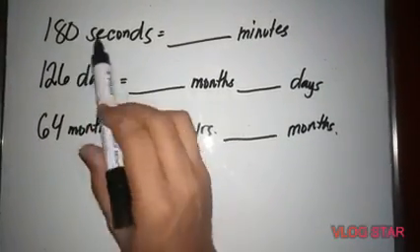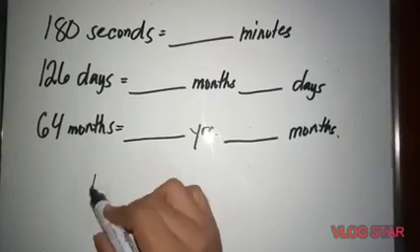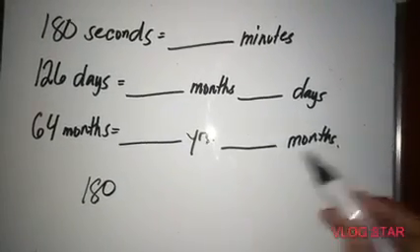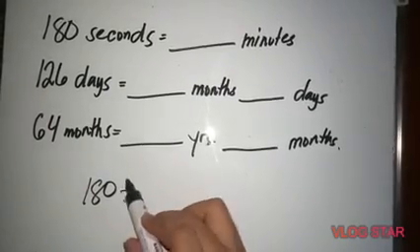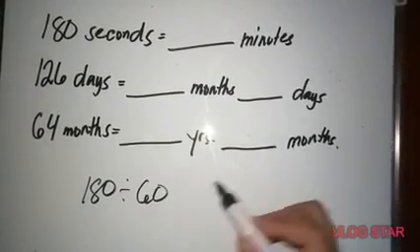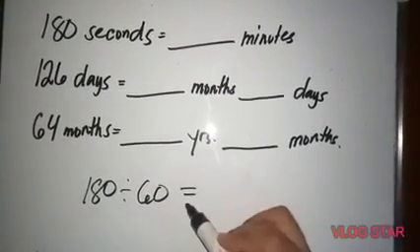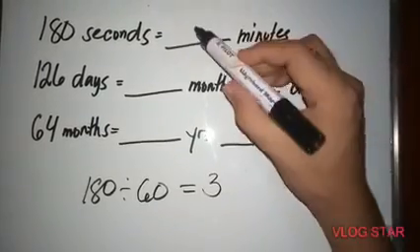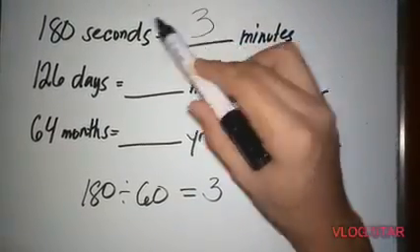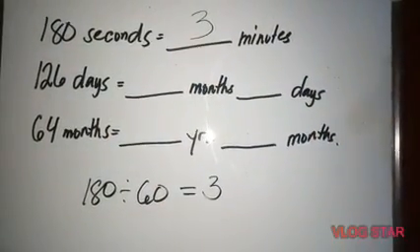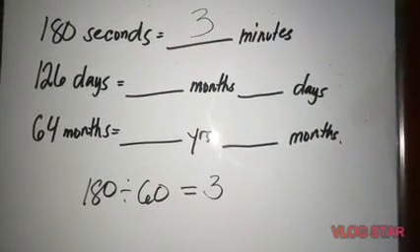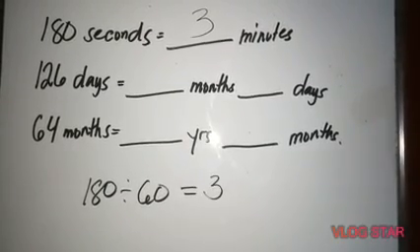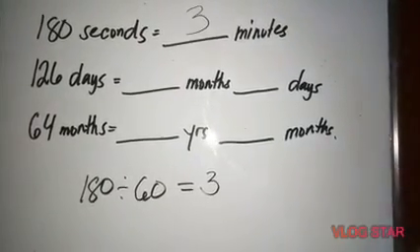So since that is 180, just divide it by 60. So 180 divided by 60, the answer is 3. So for 180 seconds, we have 3 minutes.